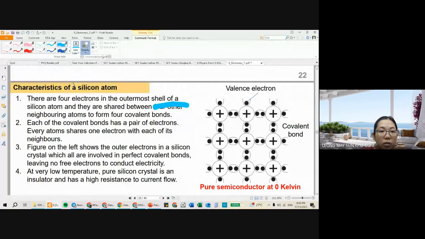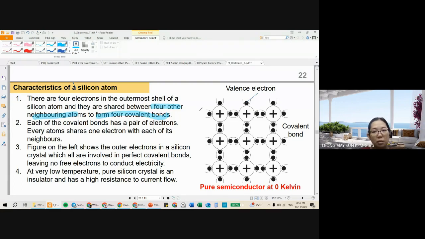Why is this so? It will be shared by 4 neighboring silicon atoms also, to form 4 covalent bonds.